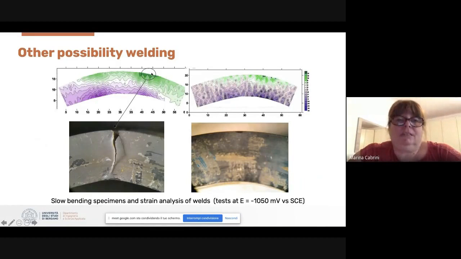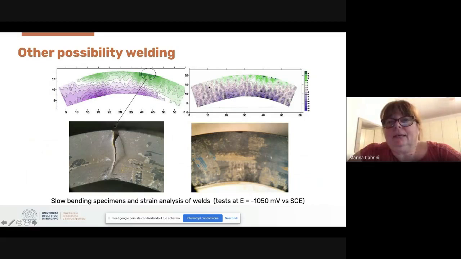In this condition, there is a concentration of the strain in the coarse grain zone, in the heat affected zone, that initiated a hydrogen embrittlement crack that propagated by only mechanical condition. Here was reached the K with 1, and it was a brittle propagation, mechanical propagation.